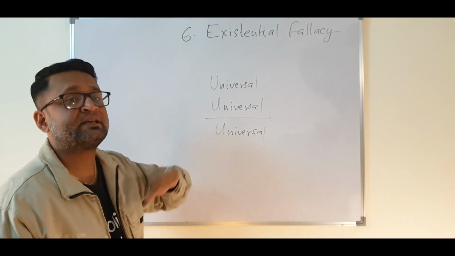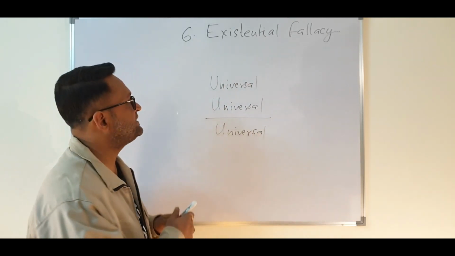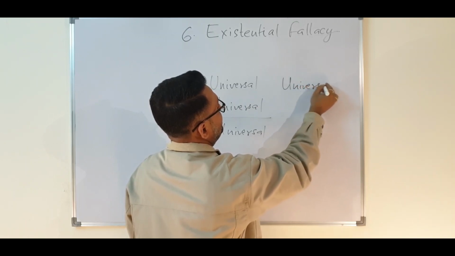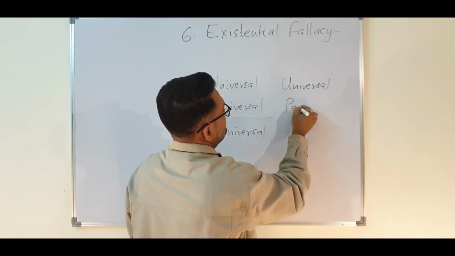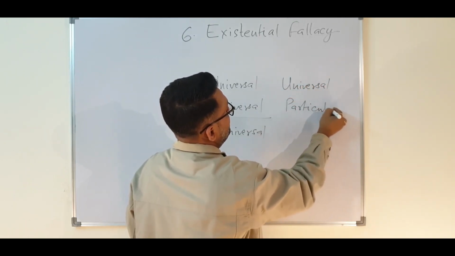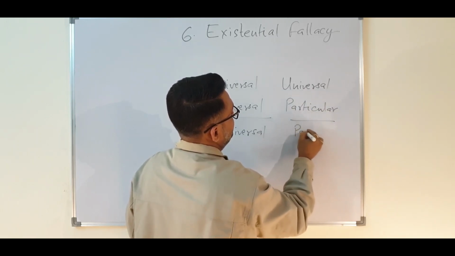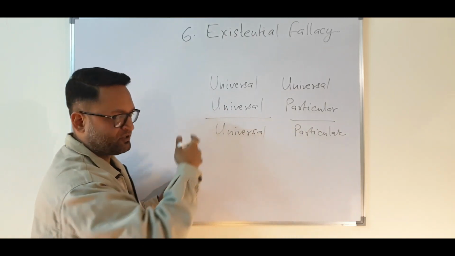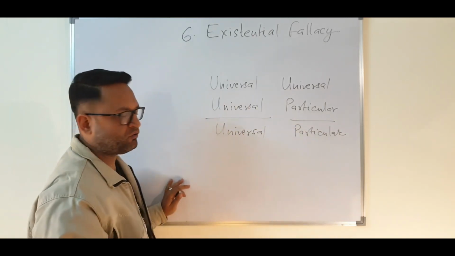Now from this and the fourth and the fifth rule, there are certain things more. If you have a universal premise and a particular premise, then the conclusion is particular. This is something which we will be solving at a later stage, or you can try on your own as well.